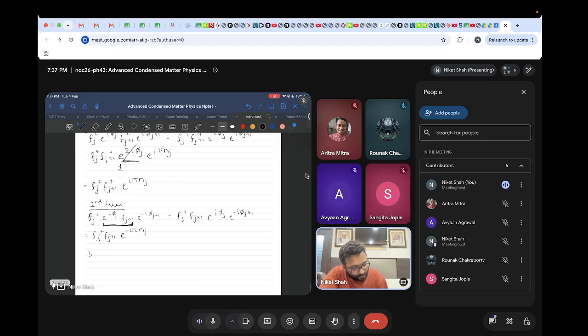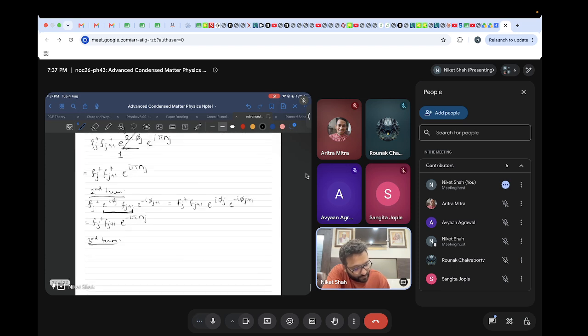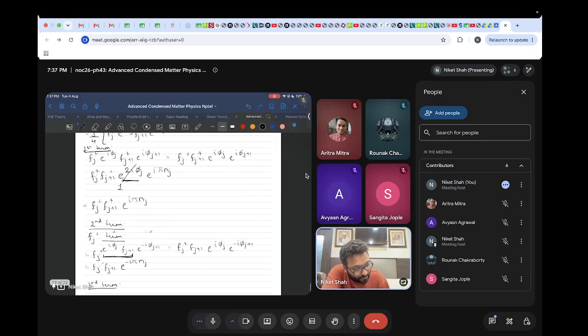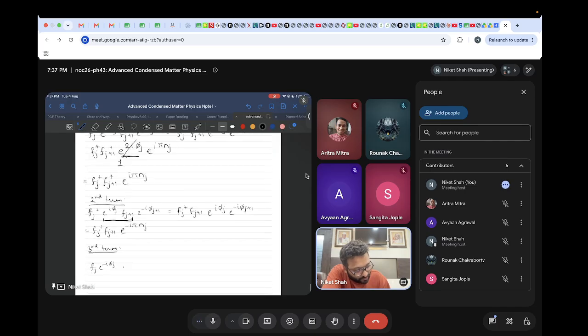Now let's look at the third term. f j e raised to power minus i phi j, f j plus 1 dagger e raised to power i phi j plus 1.